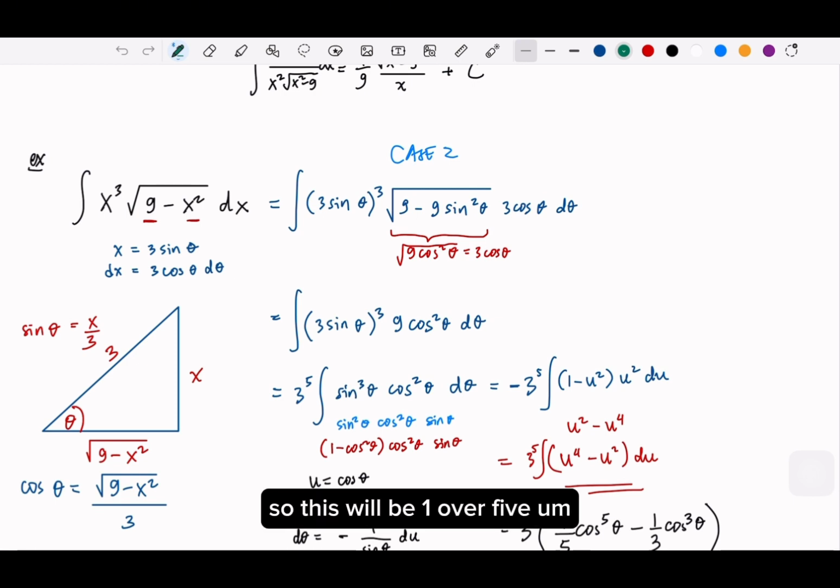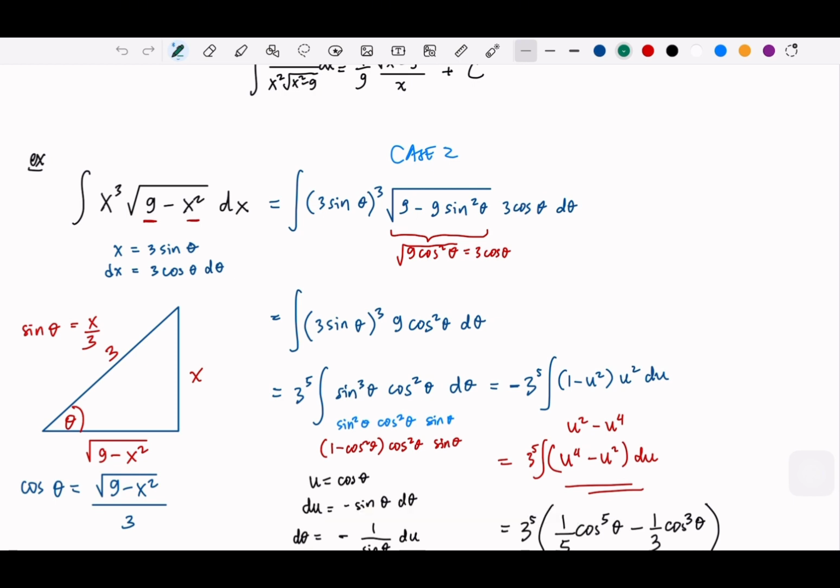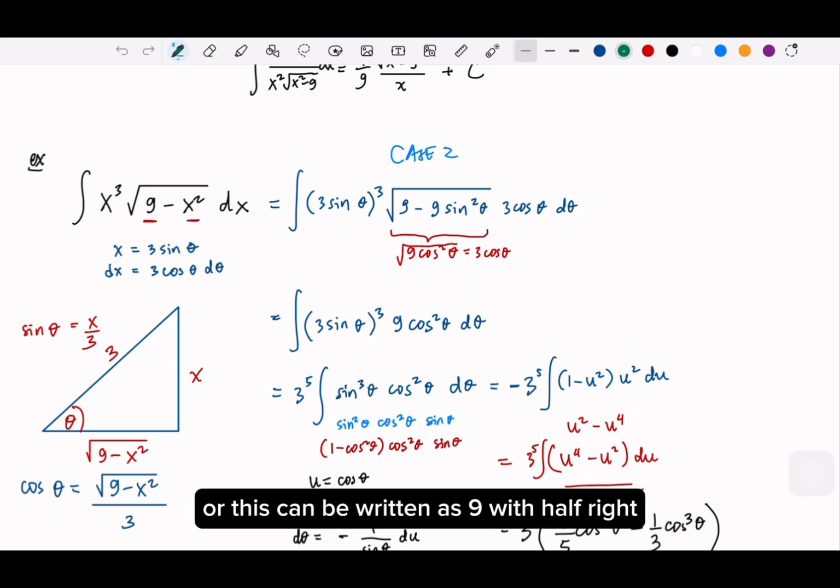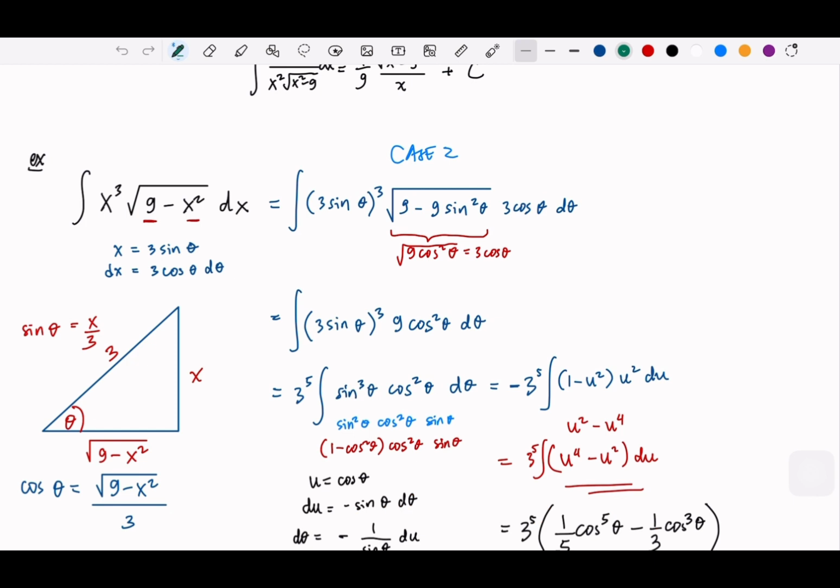So this will be 1 over 5. This can be written as 9 with power of half, right? So I can multiply with 5. So it will be 5 over 2.